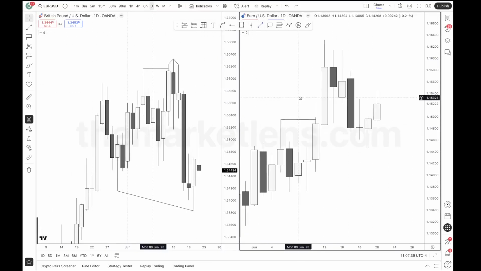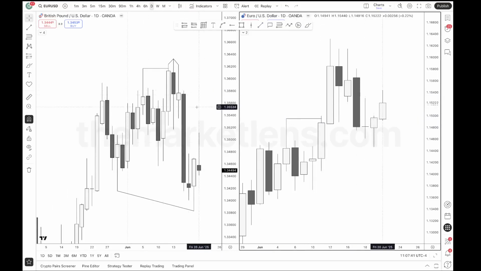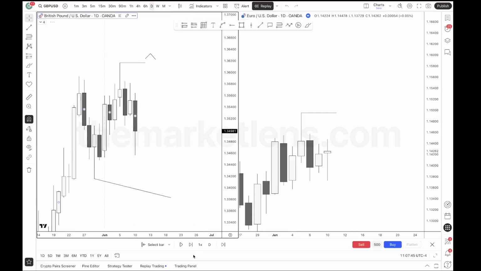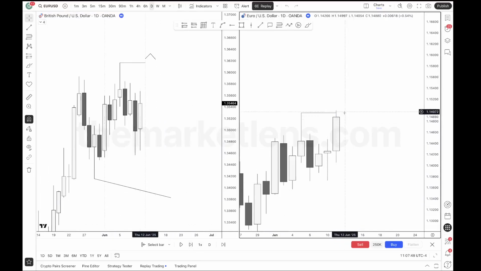So that's what you're seeing here. At one point, if I play price here, this was an SMT at one point, right? Look right here. But when this asset fails to manipulate, what does that typically mean? That this asset will catch up and break that SMT.